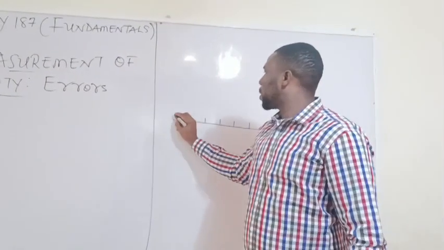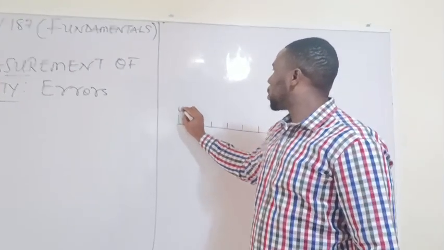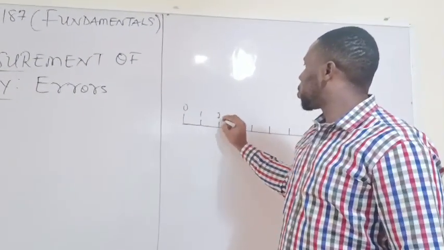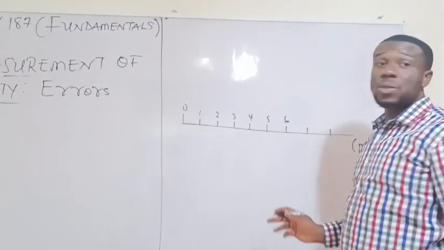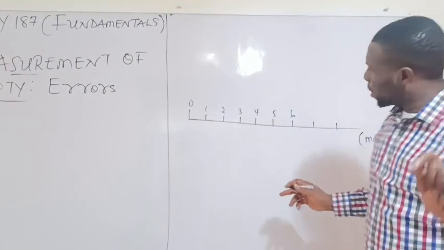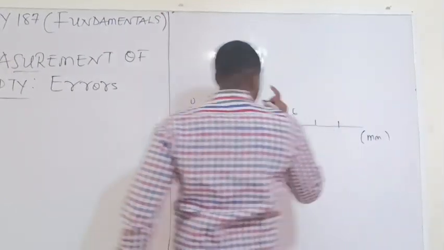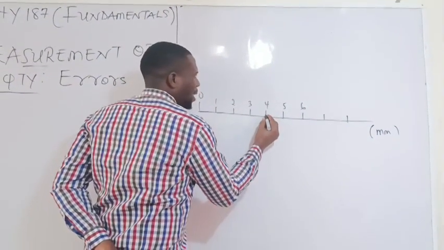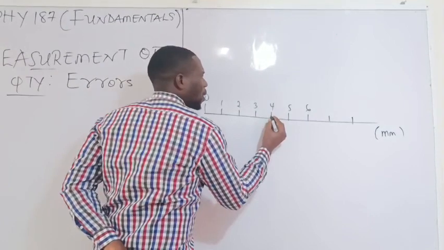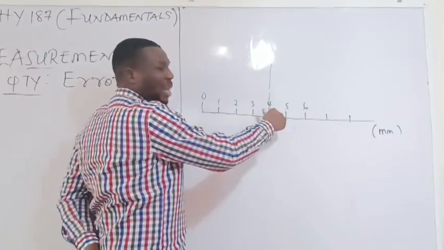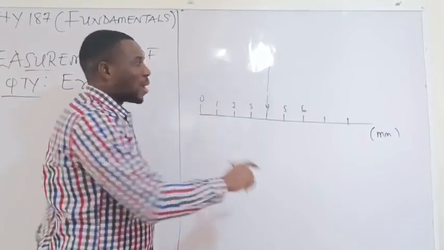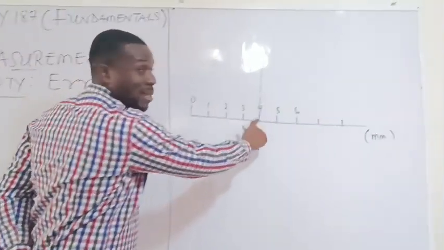So let's start from this. Let's say this is 0. So this is 0, this is 1, 2, 3 millimeters, 4 millimeters, 5 millimeters, 6, and the list could go on and on. I do know that a measure of length is 4 millimeters. I know the true or actual value is 4 millimeters. This is just like the target.